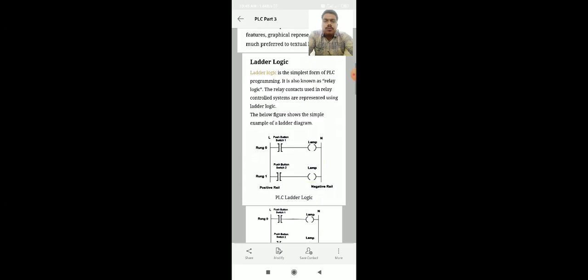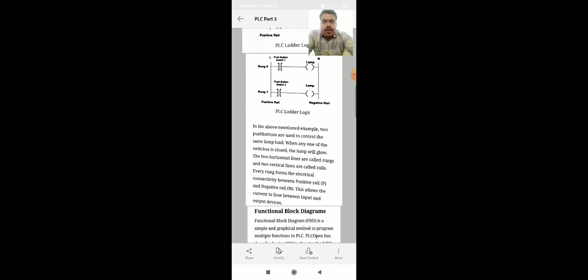Instruction list we have seen, and structured text. The most important and widely used programming language is ladder logic. It is the basic and most attractive diagram representation of any PLC program.